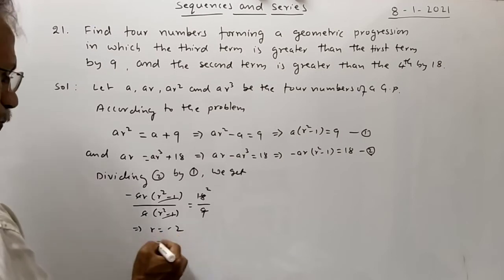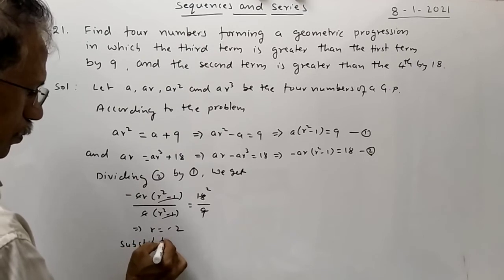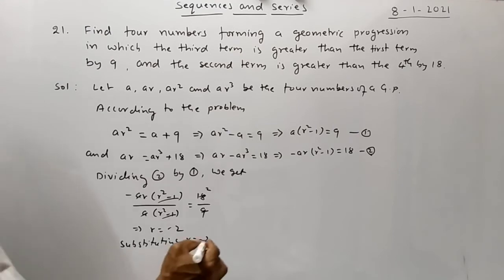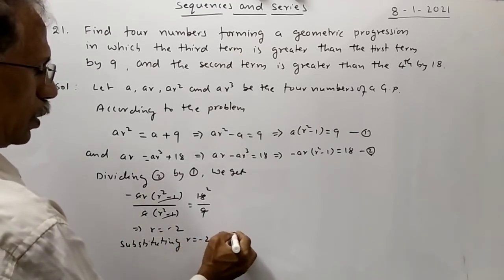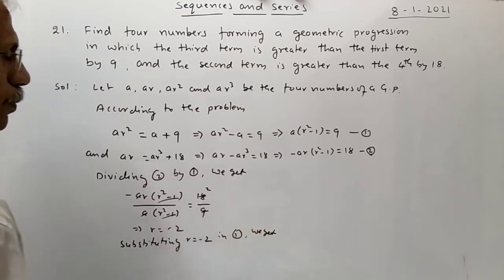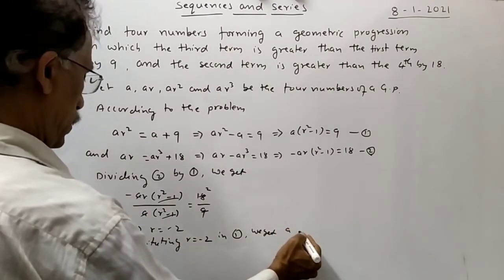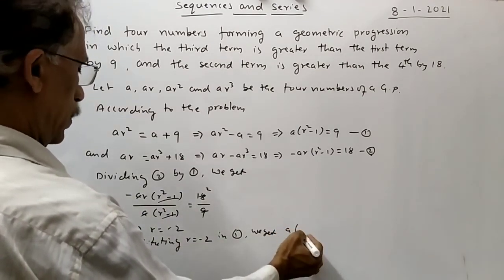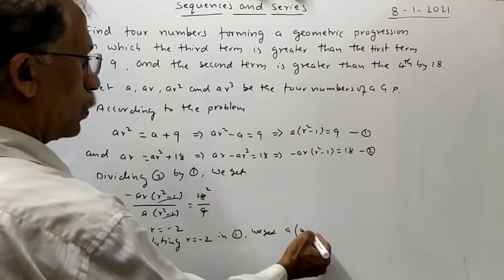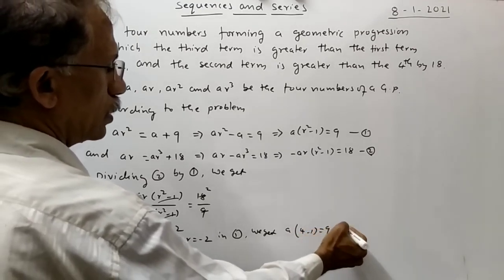Substituting R is equal to minus 2 in 1, we get A into R square, 4 minus 1 is equal to 9.